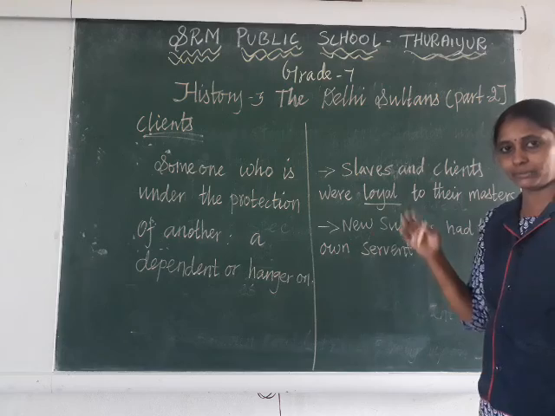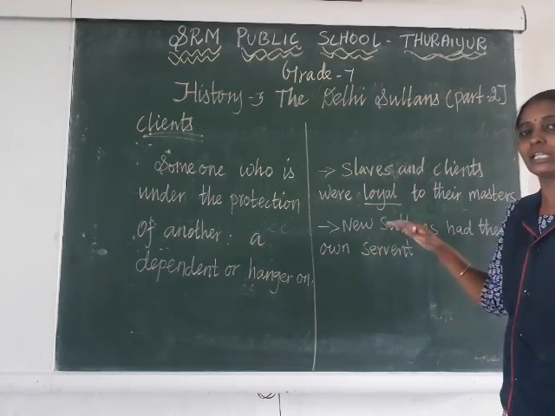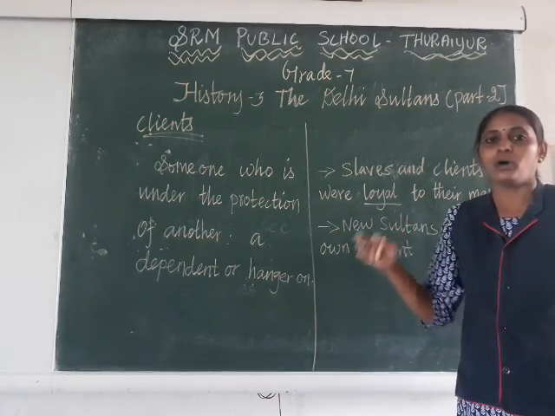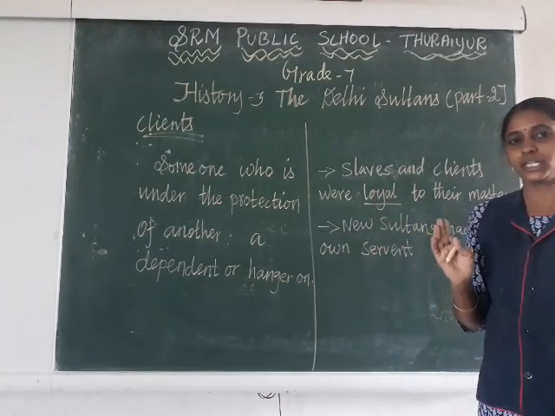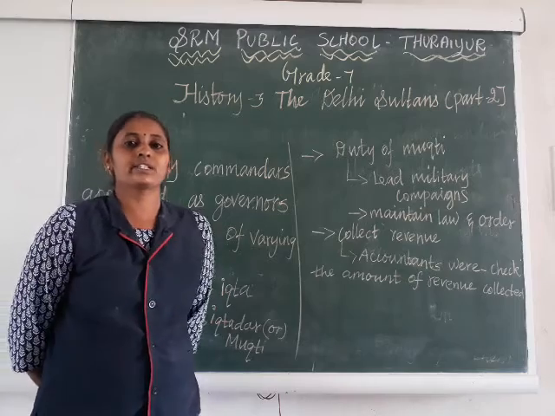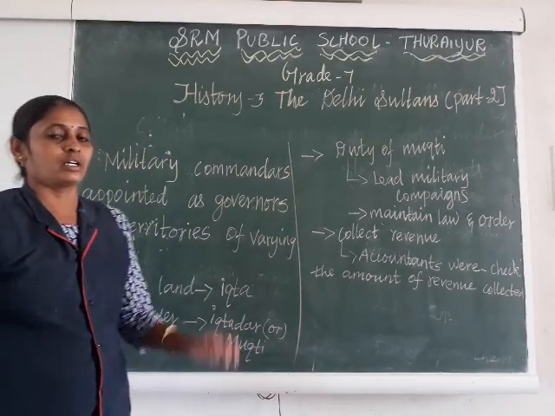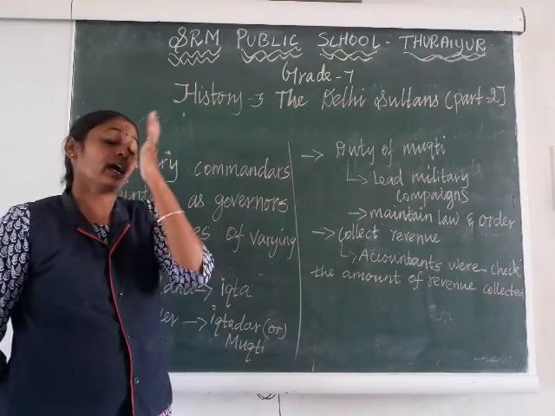That's why whenever a new sultan comes to the position, he is not ready to allow these old slaves and clients. So the Delhi sultans believed only in slaves and clients.